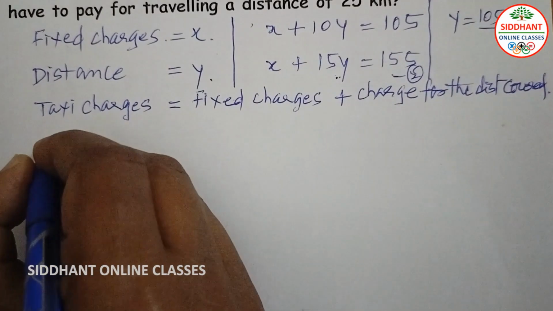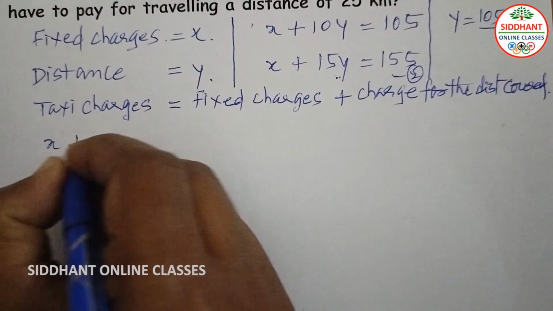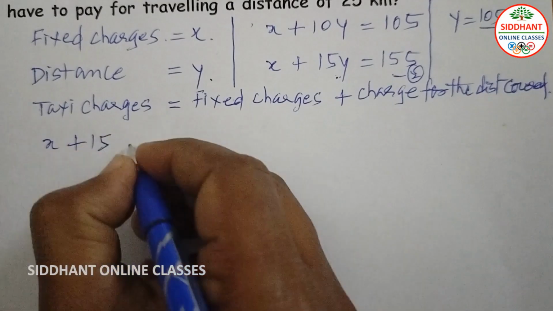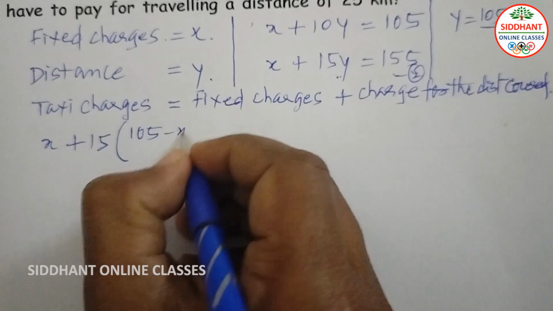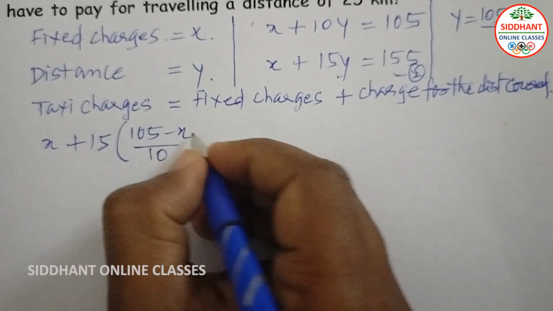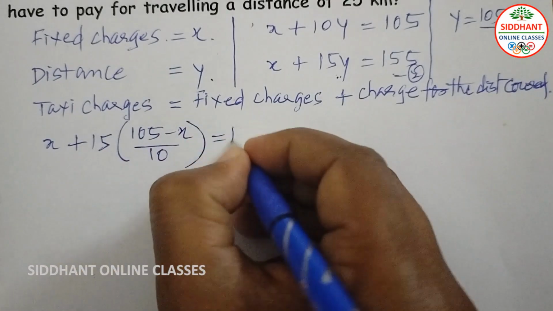So now x plus 15 into 105 minus x by 10, that equals 155.